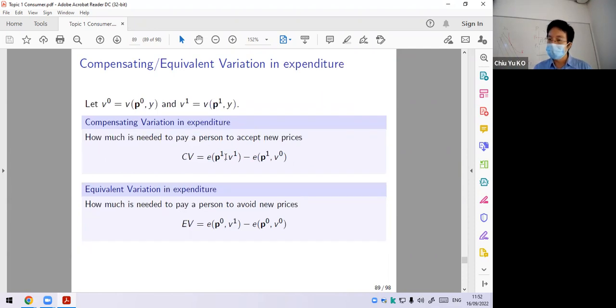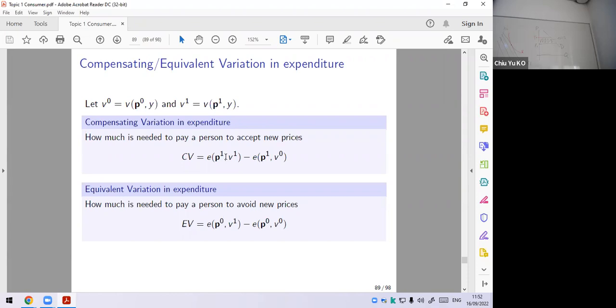It turns out this is equivalent to the following: CV is the difference between two expenditure functions. At the new price, this is the amount for the new utility, minus the new price at the old utility. And if you change the price from new to old, it becomes EV.